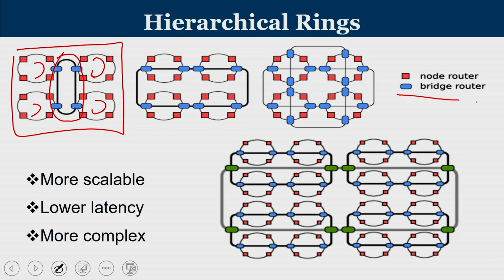They are known as bridge routers. So, we have an underlying ring topology, and these multiple rings are connected. If the source and destination are part of the same ring, then you do not go to the bridge router. If they belong to different rings, then it is only through the bridge router that we can move further. So, this is yet another policy of hierarchical ring connection.